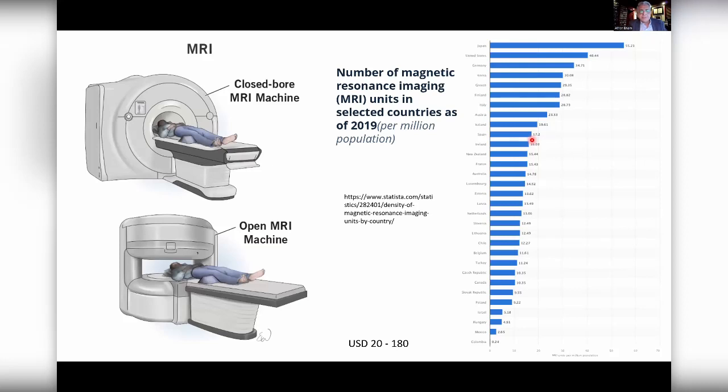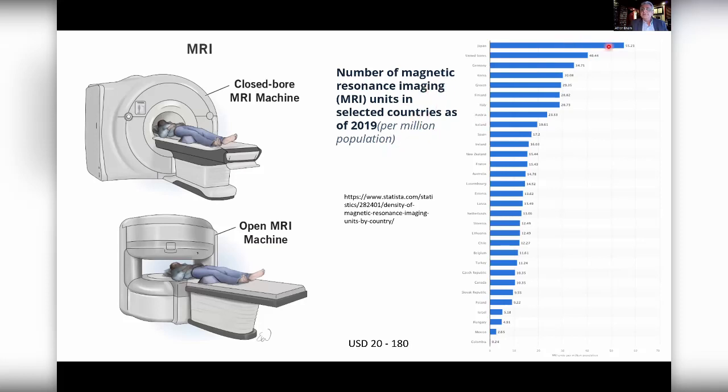And that brings me to this MRI that we have been talking about, that Dr. Islam has been championing. So the MRI, if you look at the data over here, we don't have Pakistan in it or India in it, but this is the number of MRIs per million population.